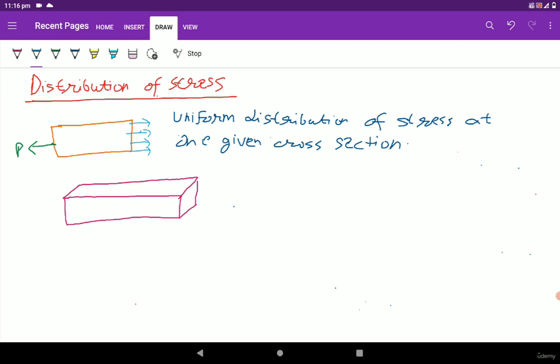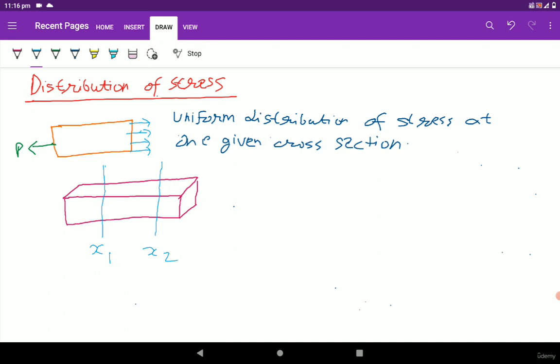Take this as the x1 position and this as the x2 position. So this is the reference point.